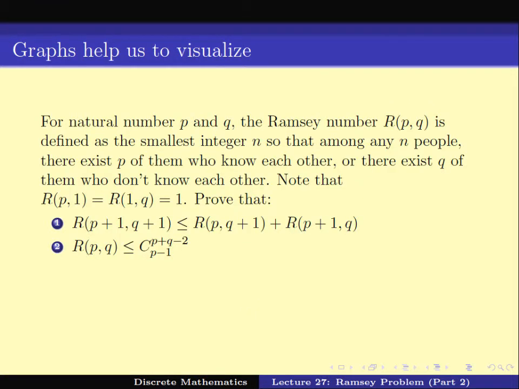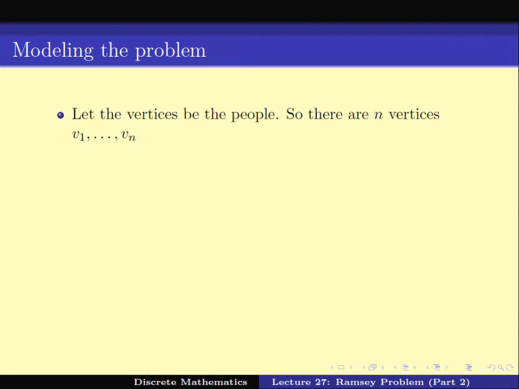Now using these two notions, we can visualize this problem. To visualize it, we first of all have to create a graph. Namely, let the people be n vertices, V1 to Vn. This is the first thing, to try to understand what R(p,q) implies. We draw an edge between the vertex Vi and Vj if the person Vi knows person Vj.